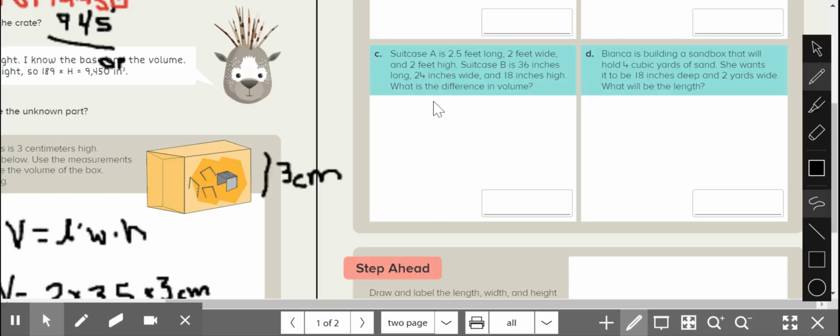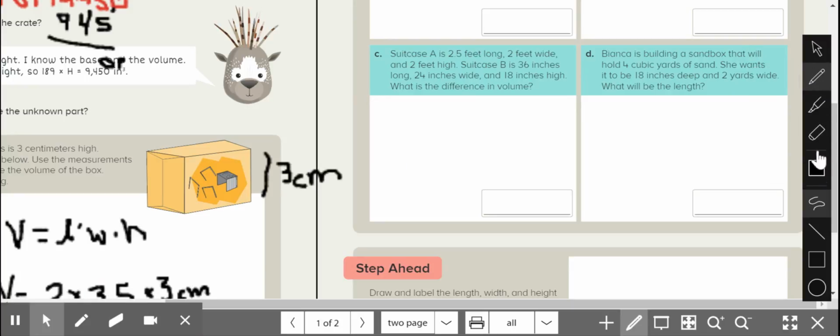So if we're going to figure out the difference in volume, we're going to have to, one way, I guess, figure out what the volume is, based on either inches or feet, and then calculate what's left there, I guess.